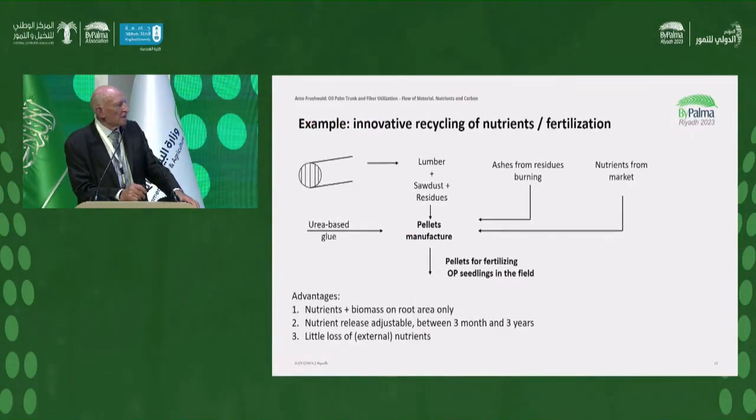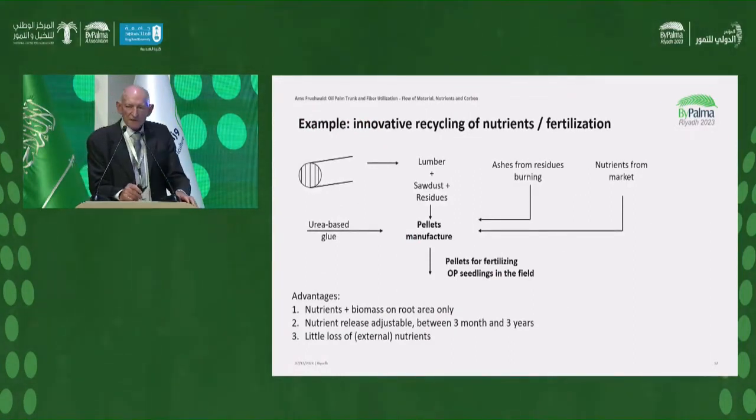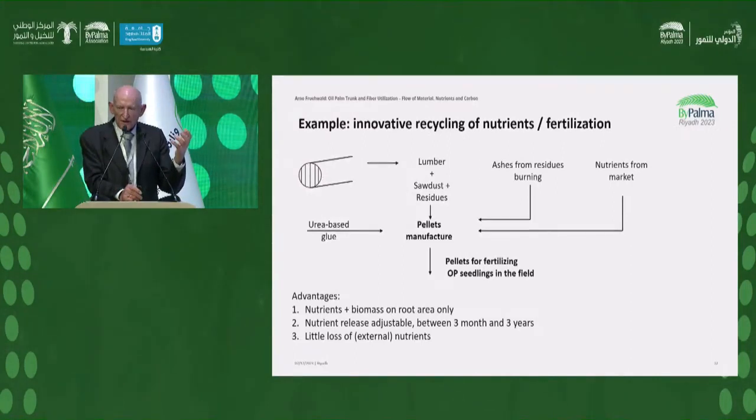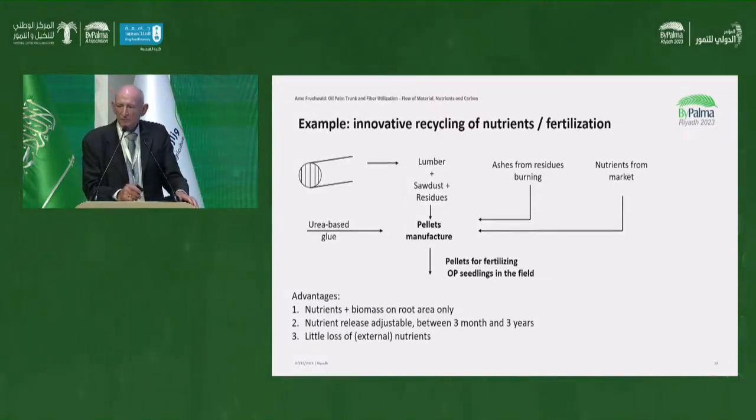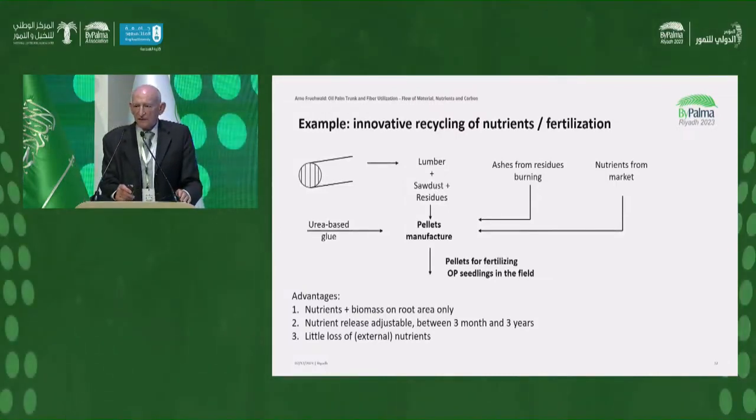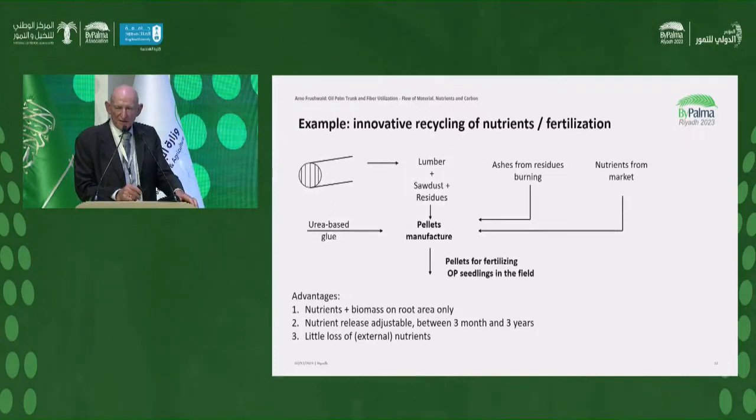And the idea was that we take residues, which contain already nutrients, and produce pellets from the residues with the help of urea-based glue, because urea, which makes up 50%, is already fertilizer.